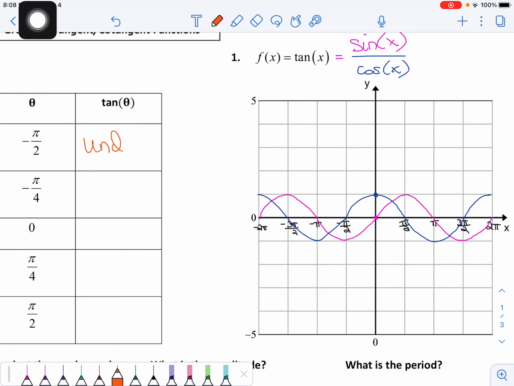Unfortunately, dividing by 0 means that this is undefined. So anytime cosine has a value of 0, anytime cosine touches the x-axis, all of those are going to be undefined values for tangent.